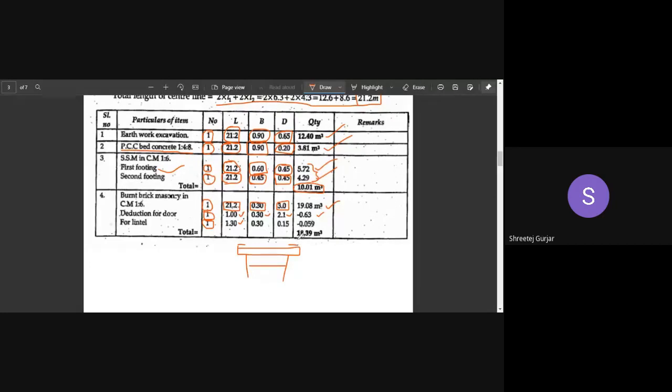So 1.30 meter is your lintel length. Then thickness will be your wall thickness itself. Then the height of your lintel is assumed as 0.15. Multiplying that, we get 0.059. Once you deduct it from your total brickwork, this is your effective brickwork, that is 18.39.